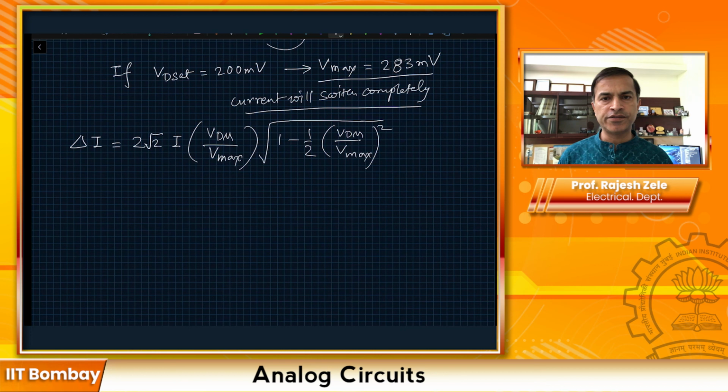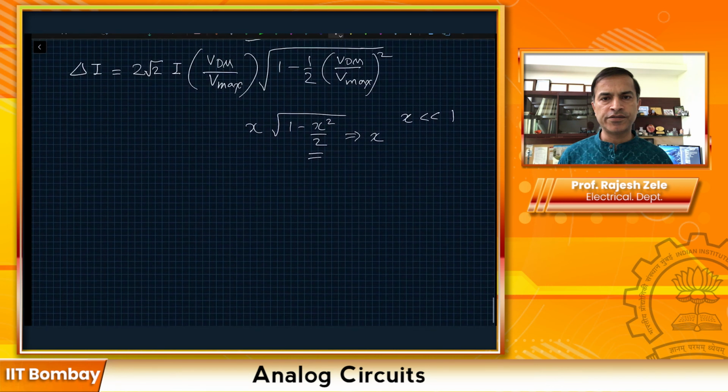This kind of function looks like x multiplied by the square root of 1 minus x squared divided by 2. This is what that transfer function looks like. Since we have a square here, if x is much smaller than 1, then this term will look like x.